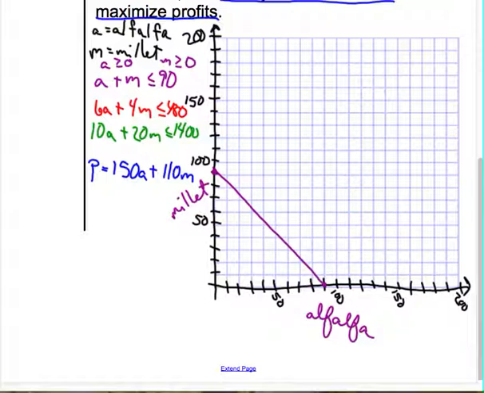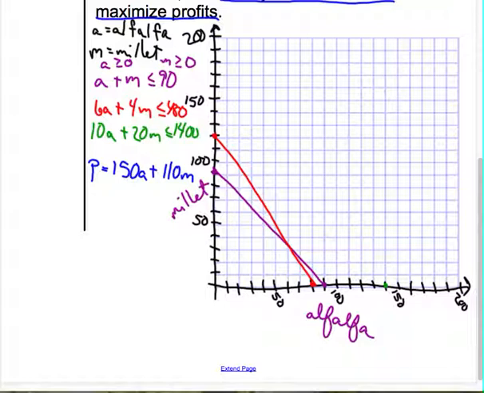My next one, finding the intercepts for the cost for seed: 480 divided by 6 gives us an x-intercept of 80. And 480 divided by 4 gives us a y-intercept of 120. And the labor costs, 1400 divided by 10 gives us an x-intercept, or an alfalfa intercept, of 140.